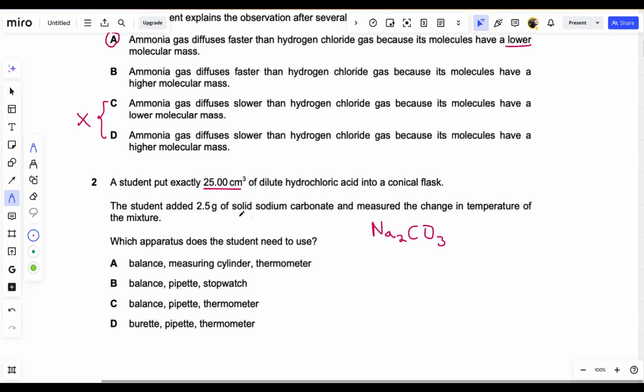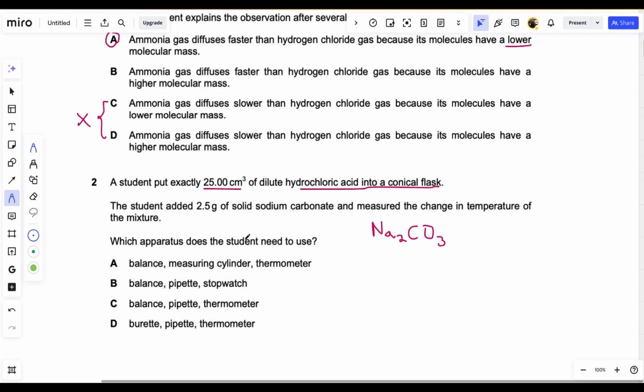The student added 2.5 gram, that's the mass, of sodium carbonate and measured the change in temperature of the mixture. First of all, the student put exactly 25 centimeter cube, so this is a volume. You know the instrument for measuring volume. We put the acid in a conical flask, and in titration in chemistry you pour the base from the burette and start dropping it into the acid until you wait for a color change.